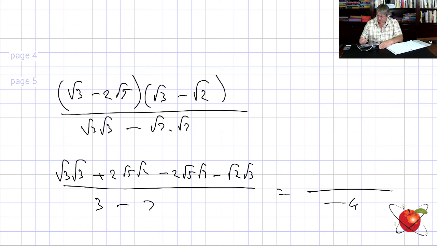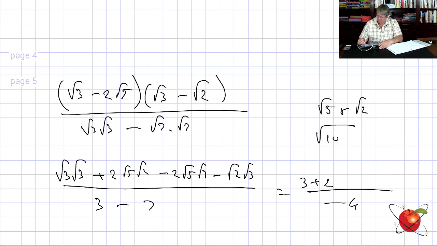Root 3 times root 3 is going to be a 3. Then 2 root 5 root 2. The middle terms now no longer cancel out or are the same. So we end up with 3 plus 2 times root 5 times root 2. What is root 5 times root 2? Well, that is the same as root 10, isn't it?